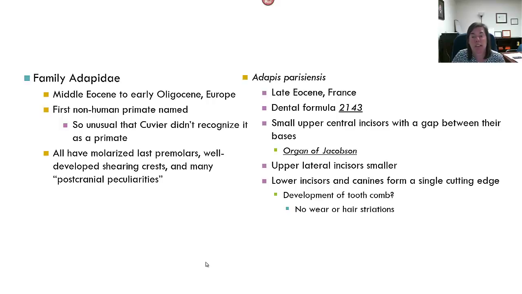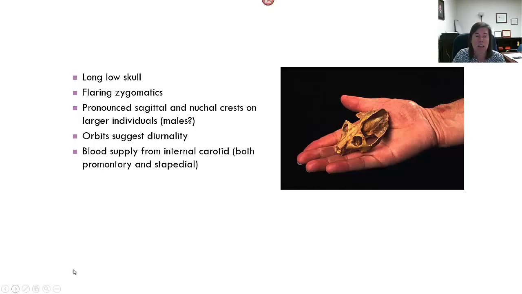Their lower incisors and canines form a single cutting edge, and some people have suggested this is indicative of the development of a tooth comb. There's a lot of controversy about that because there's no wear or hair striations evident on these teeth. We see it has a very long, low skull, flaring zygomatics, a pronounced sagittal and nuchal crest on larger individuals, especially the males.